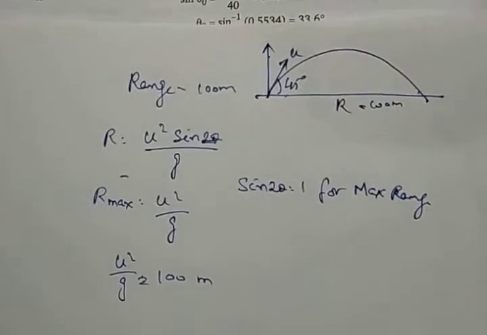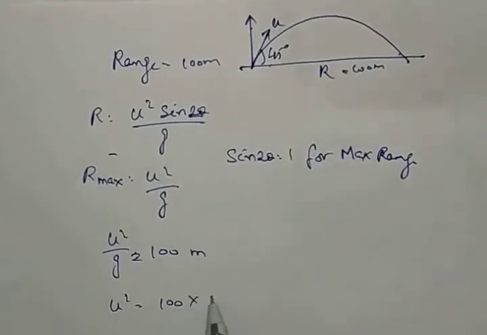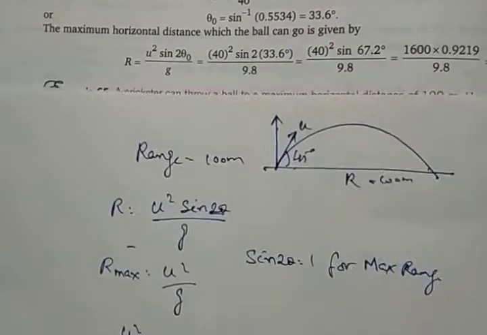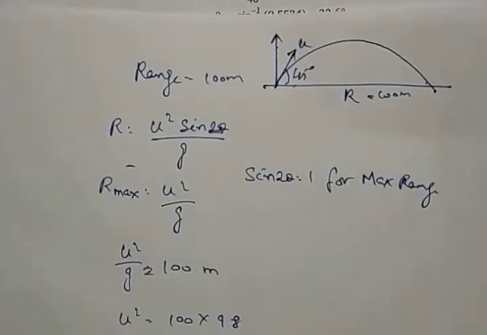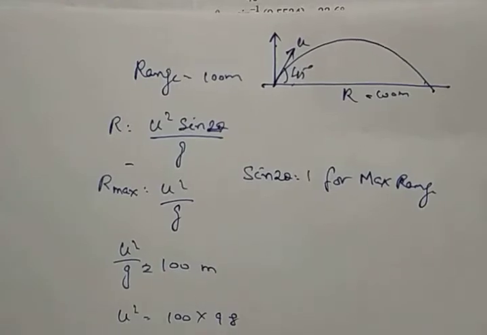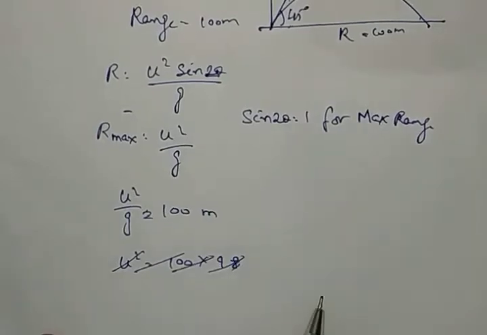It is given here. So u square is going to be equal to 100 into 9.8. I don't know what they have given here, but it's okay. So you get u square upon g, you get the answer. Even this one may not be needed here.